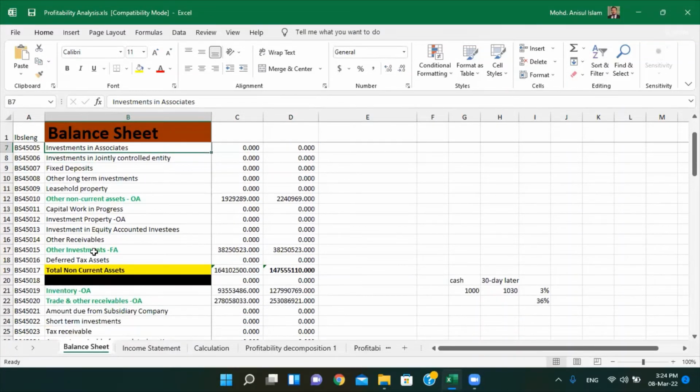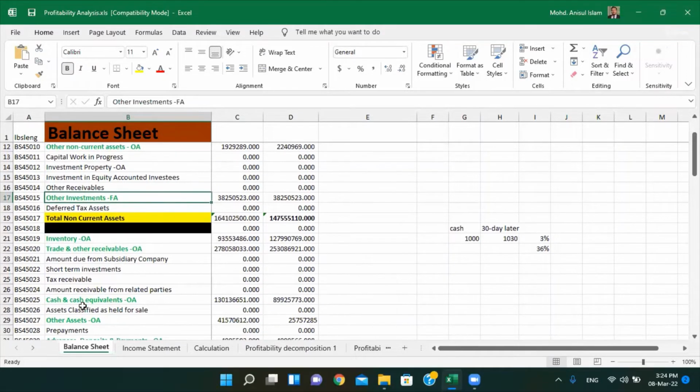But you see that we have identified the other investment as a financial asset, because in the financial statements note they have reported that they have a bank deposit in FDR account, which has been included in the other investment. So that's why it has been identified as a financial asset.